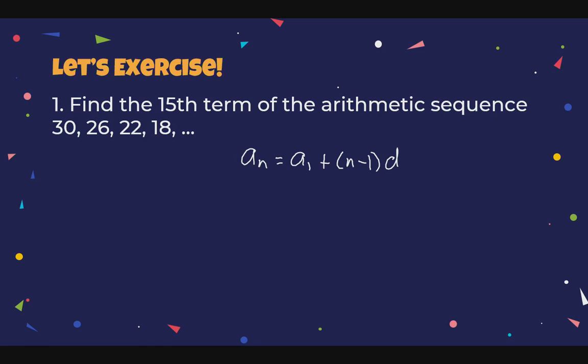So let's find out first the given. Let's find what is a sub n, a sub 1, n, and d. Here, our a sub n will be equal to a sub 15, or the term that we will look for is a sub 15. Why?